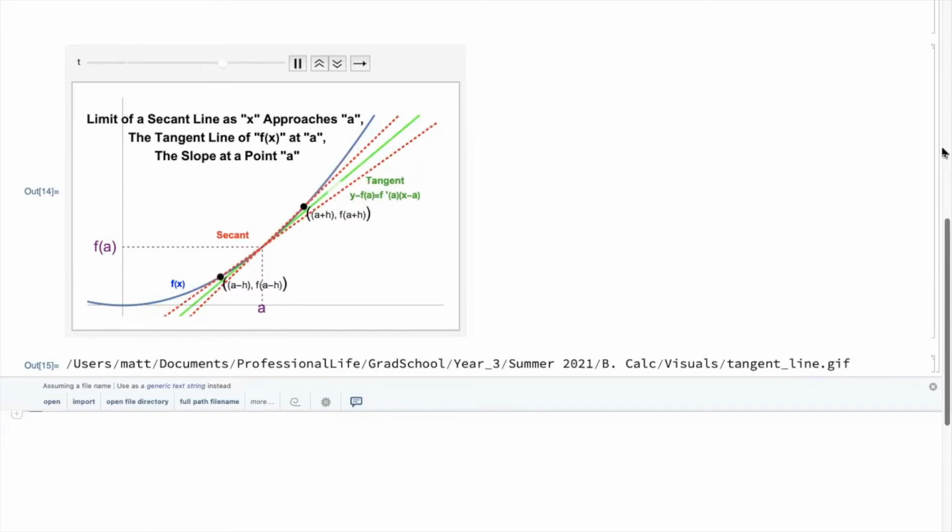Now let's just concern ourselves with the secant line that goes through a point up top, kind of like that.